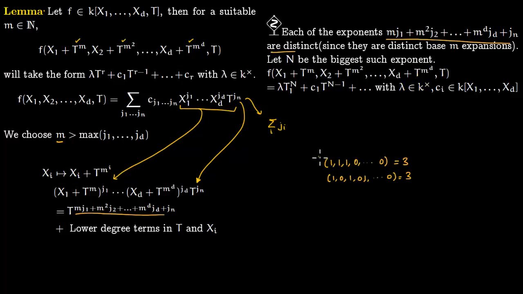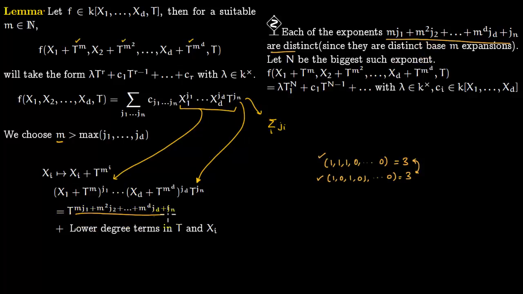But now this is a different base m expansion, and this is a different base m expansion, although they have the same degree. So we can distinguish two different terms of the same degree. And a term like this will obviously give us a higher degree than this because of this ordering. And in some other proofs, a lexicographic ordering is also given. Essentially the same idea, because we want a term with the highest degree.